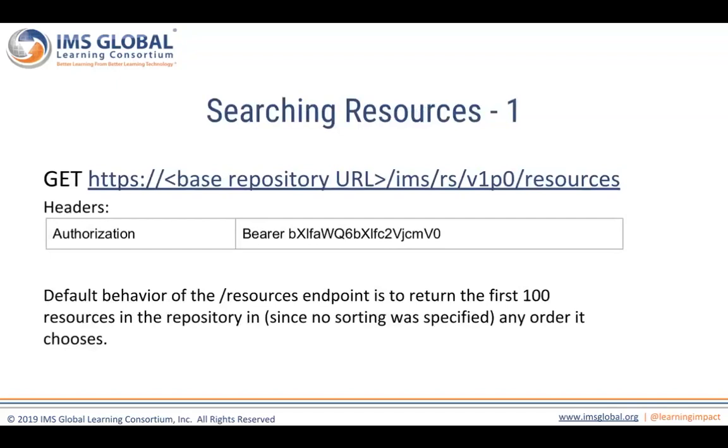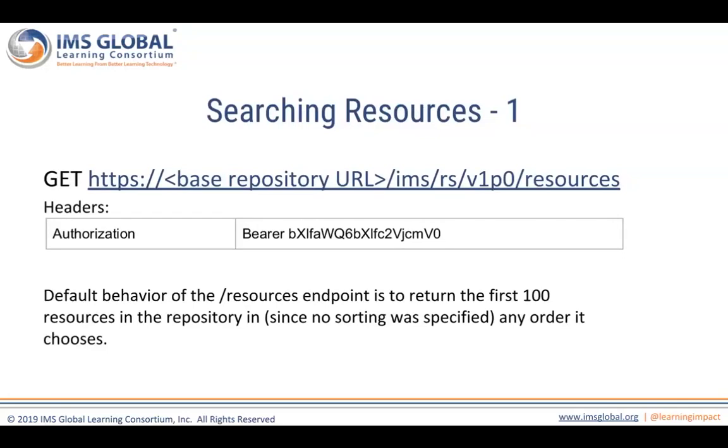In the specification, it says the default behavior is to return the first 100 resources in the repository. Since you didn't specify sorting, it is at the discretion of the resources endpoint which 100 resources you get. But in order to not overload the resources endpoint, the specification says you're not going to get every single resource in the repository.